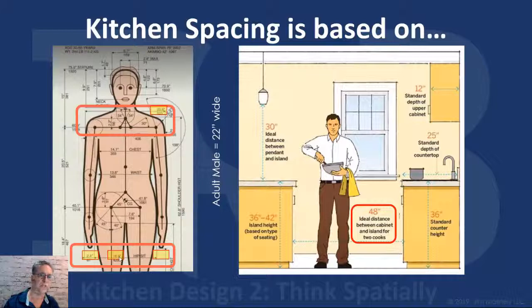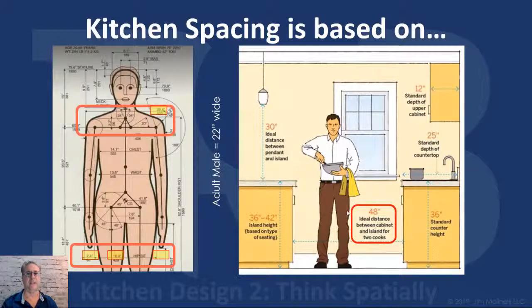That's 20.5, 21, 22 inches. And if you give an inch on either side, that's 24. And that's where we come up with the magic number for kitchens, so that a human can work in the kitchen and walk past another human working in the kitchen without having to dance.